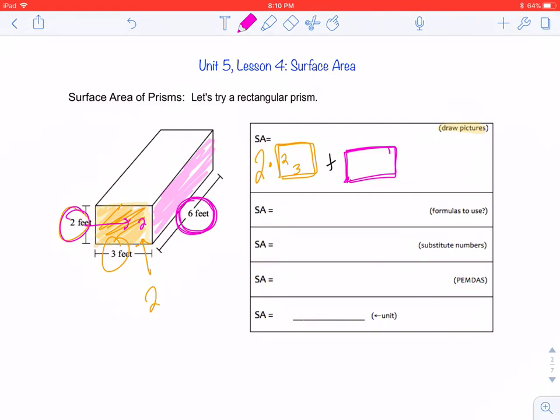And remember, we don't just have one of those pink ones. We have another one over there. So that rectangle is 6 by 2. And I put a big 2 in front. That's a little bit messy. Let me see if I can clean it up a little bit. I put a big 2 in front because there are 2 of them, right? There's the left side and the right side.